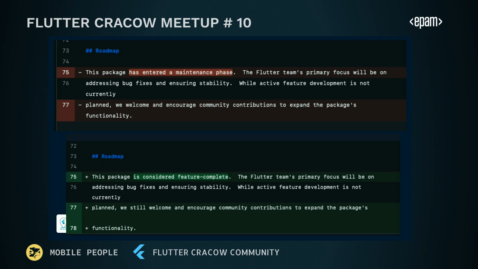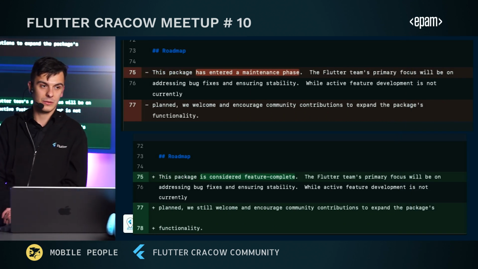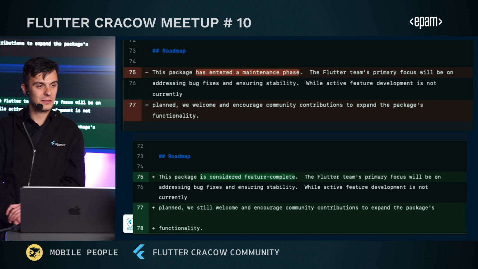That was a big thing in the Flutter community on X, and we still don't really know what it means. What does it mean to enter the maintenance phase? What does it mean to be considered feature complete? I've observed that although they've released this information, they are still updating the package with some fixes. So for me, it's not that bad a thing.